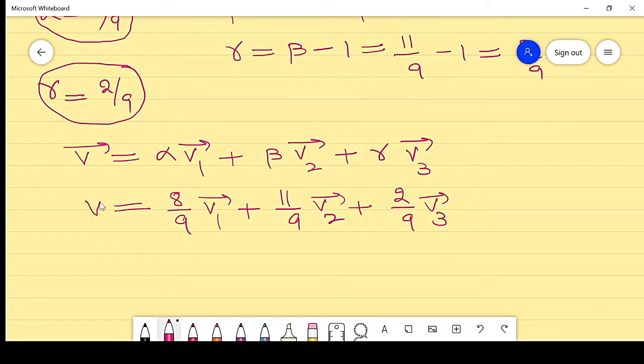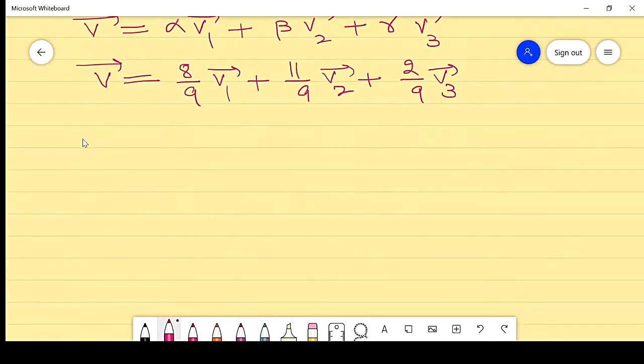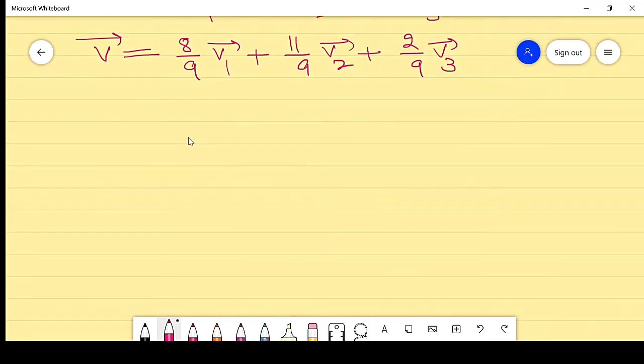So this V vector is a linear combination of V1, V2 and V3. In this way we can find whether any vector is a linear combination of other vectors. By using this concept, we can find the linear combination of any vector with the other vectors.